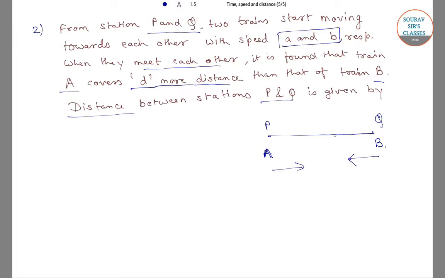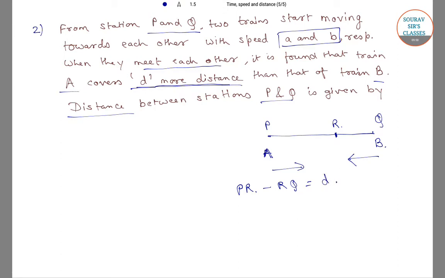Suppose they meet at point R. So this distance, that is PR, is greater than this distance, that is RQ, by D.